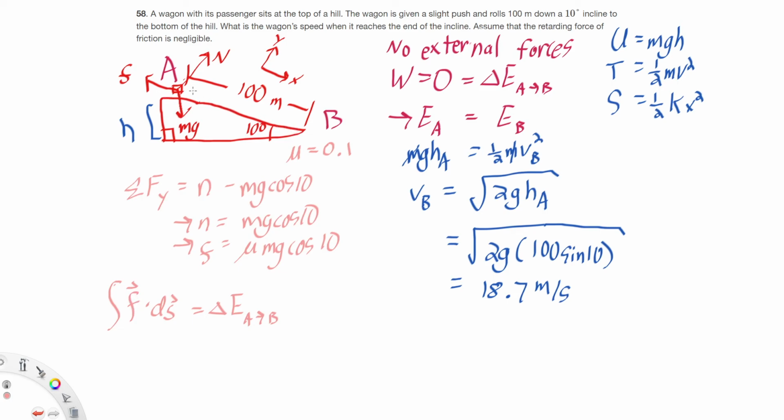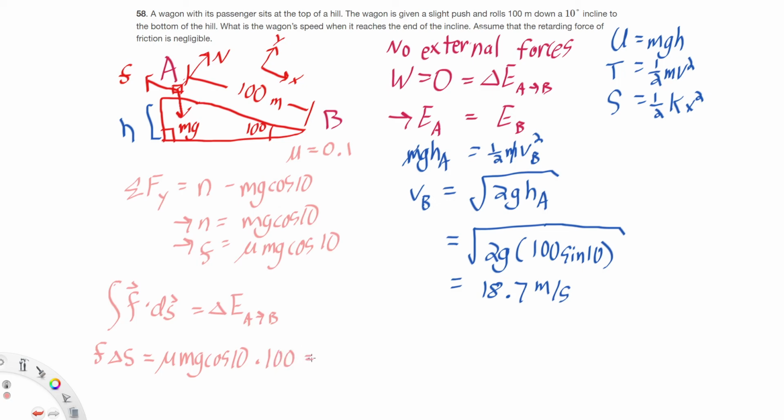As you go down the ramp, the amount of normal force doesn't change, therefore the amount of friction doesn't change. So this integral gets simplified, and it can just be F times the change in s, right? And it's actually 100 meters down the hill that we've gone. So we're going to have mu mg cosine 10 times 100.